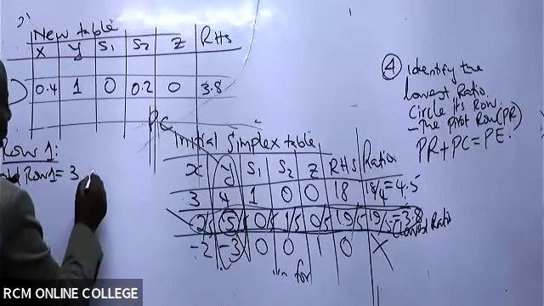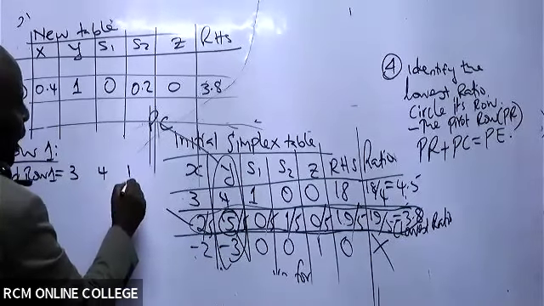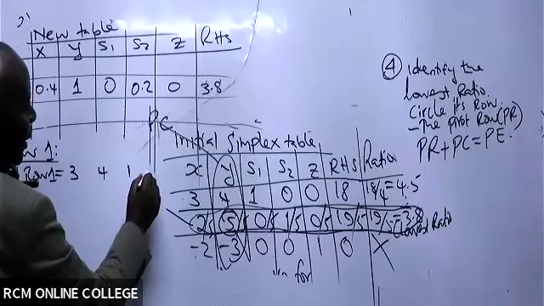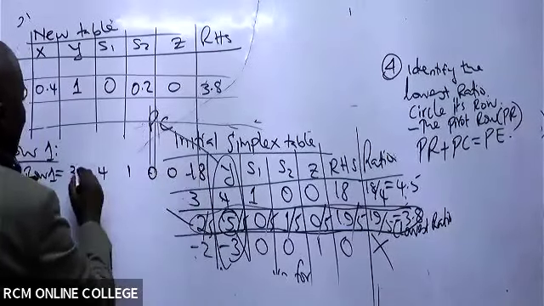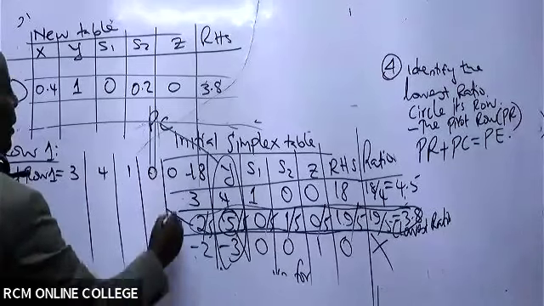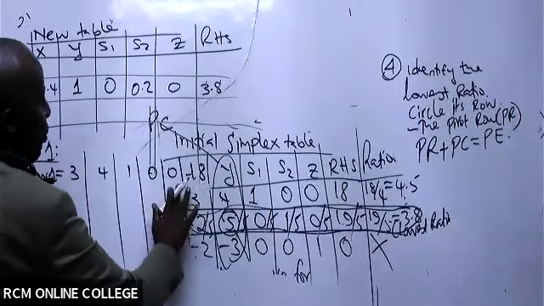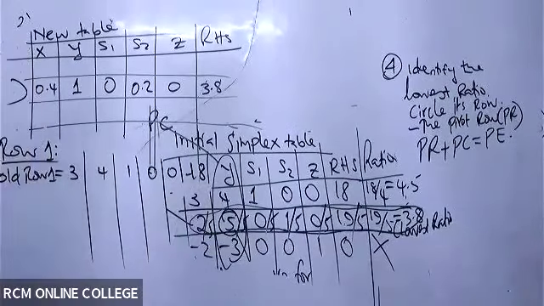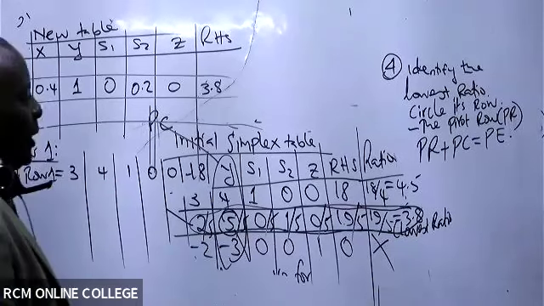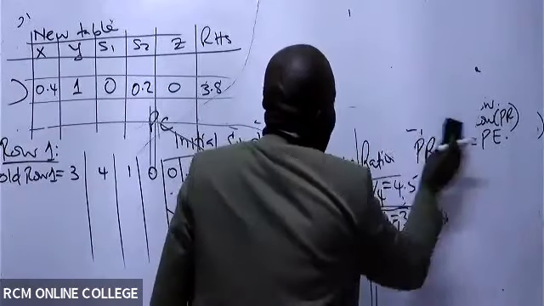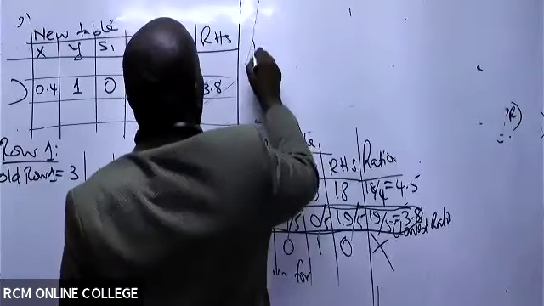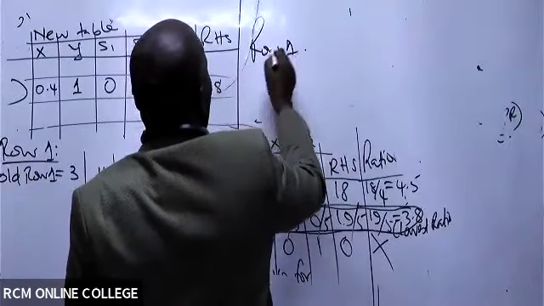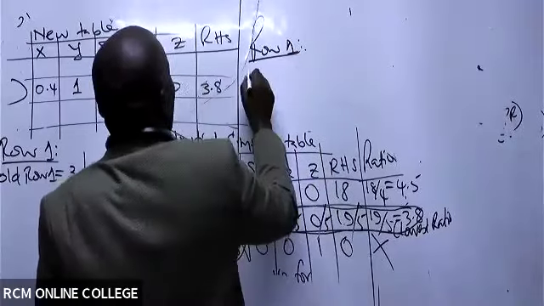It is 3, 4, 1, 0, 18. Let me get a better place to write. So I'm doing the working for row number 1.